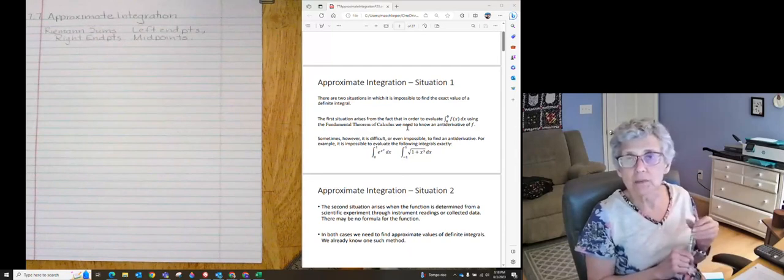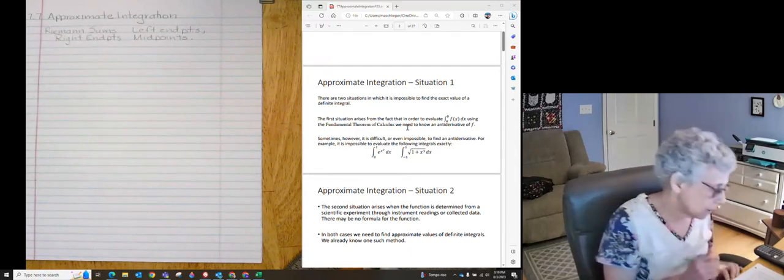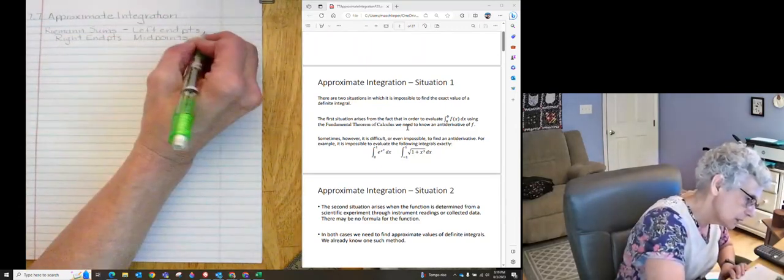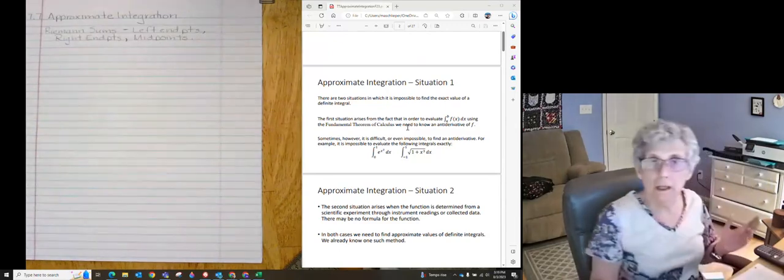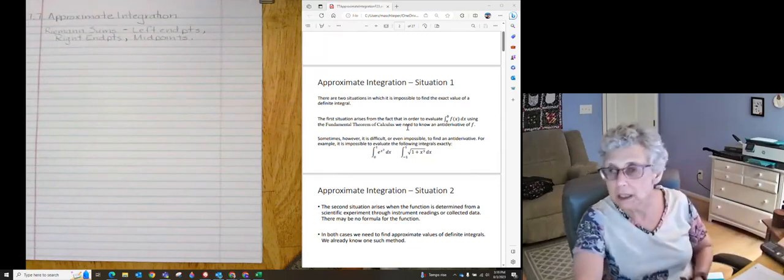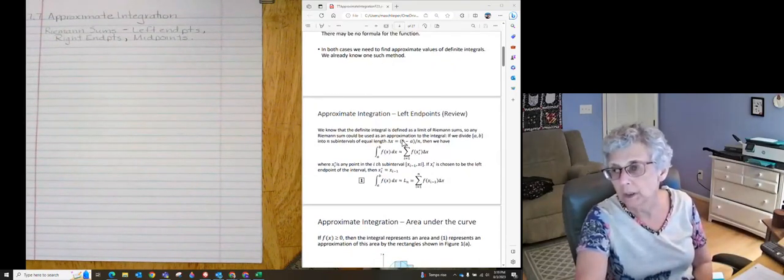And you learned some of these methods back in Calc 1. You learned about Riemann sums. You learned left endpoints, right endpoints, and midpoints. And you learned to do those on your TI-36X Pro calculator.